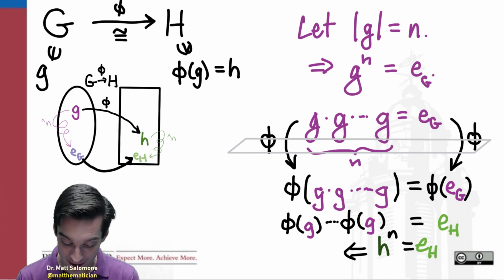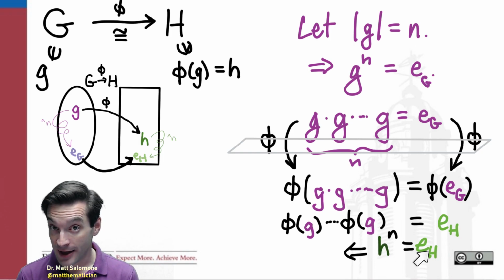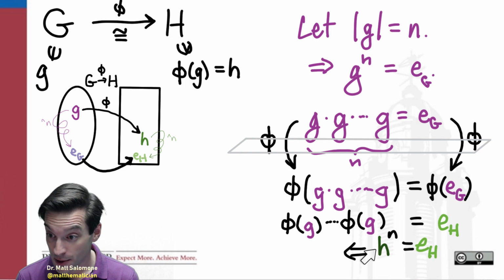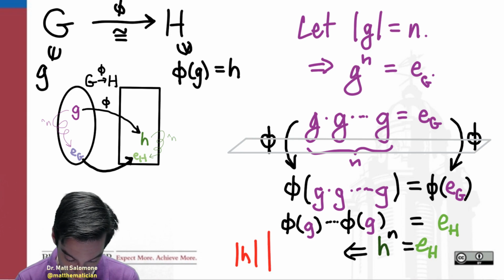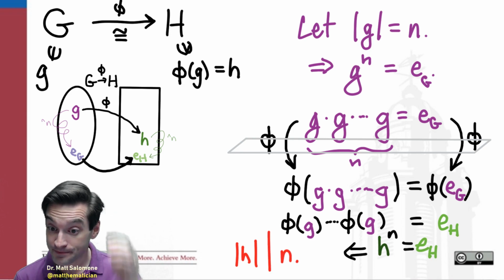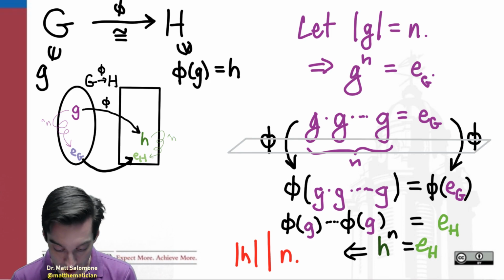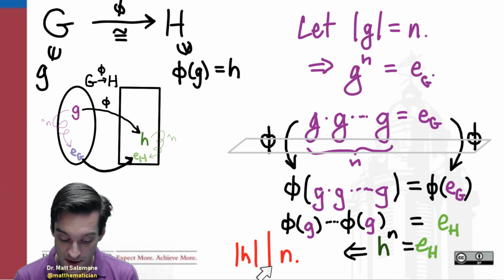Again, carefully think about it. The nth power is equal to the identity. That doesn't mean that the order of h is equal to n, but it does mean that the order of h divides n. Right? So this piece of the argument shows that the order of h divides n.